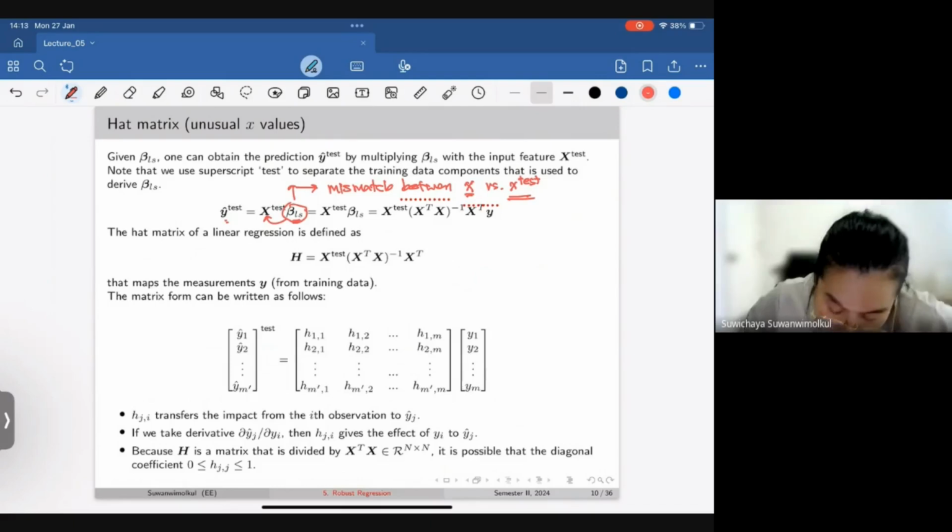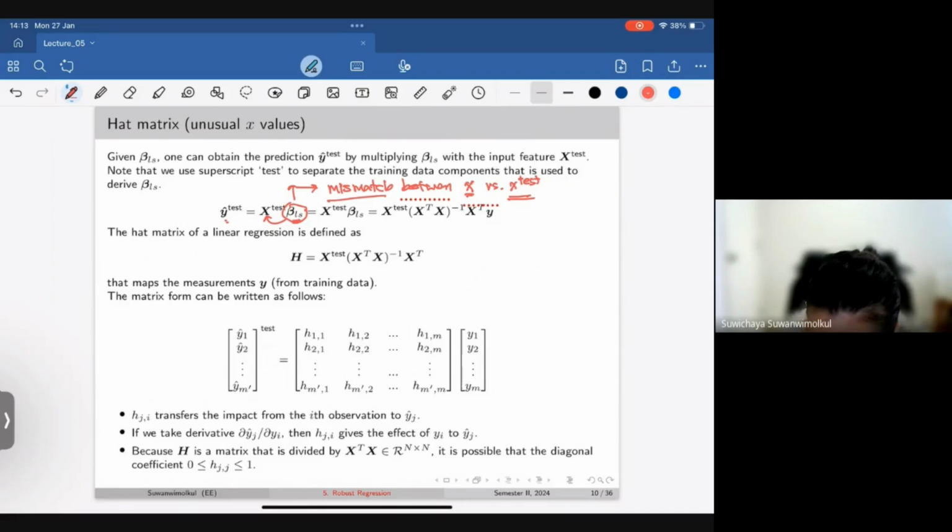And to measure the mismatch, especially in the case of linear regression, we can decompose beta LS into its least square solution formulation.